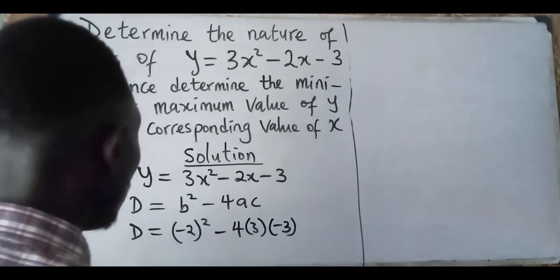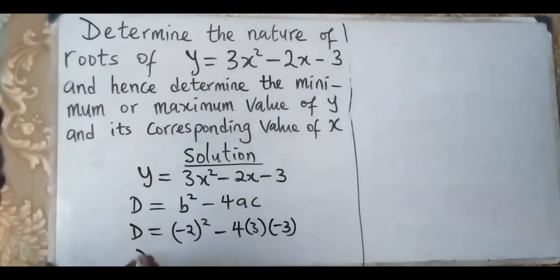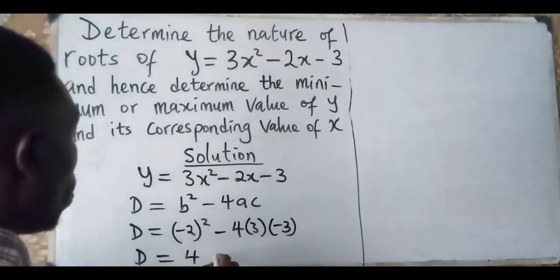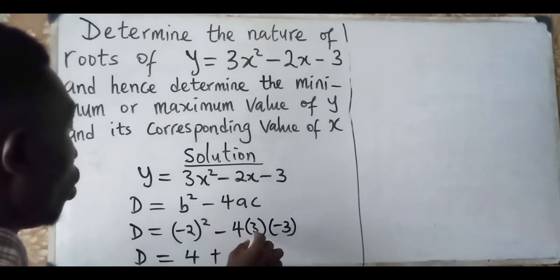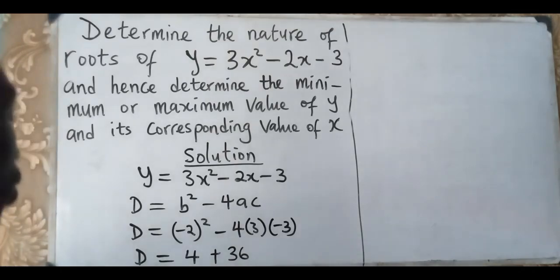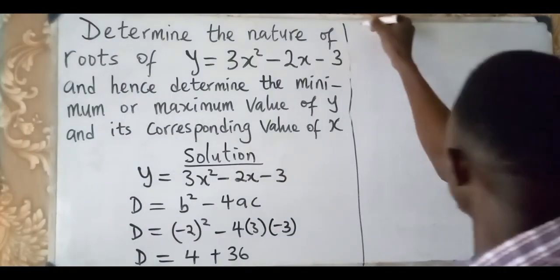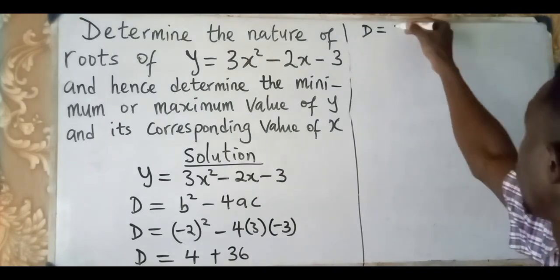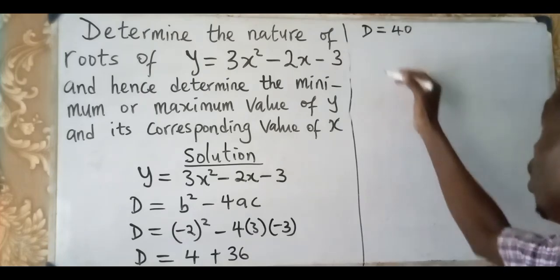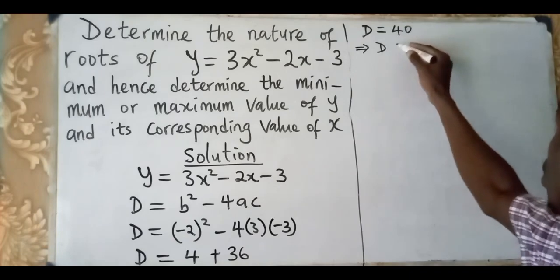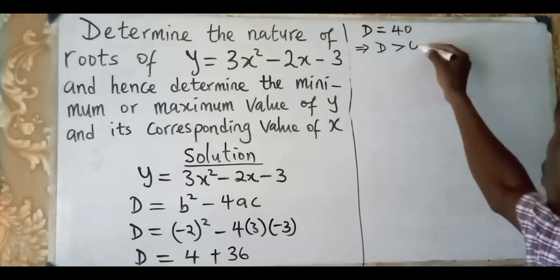Minus minus 3. So solving this, we'll have D equals 4 plus 12 times 3, 36. So finally, D is equal to 40, which implies that D is greater than 0.